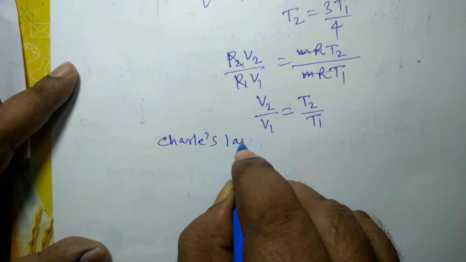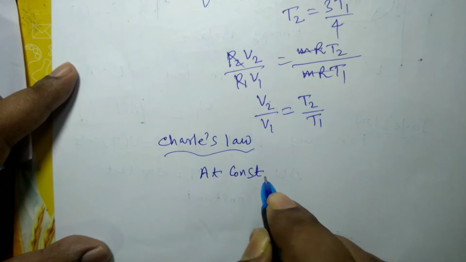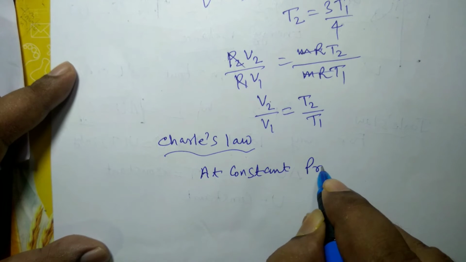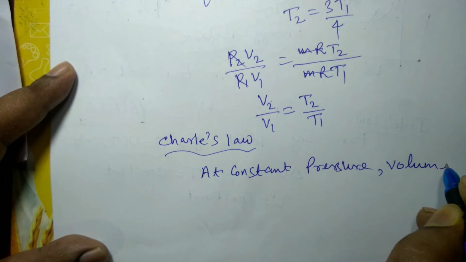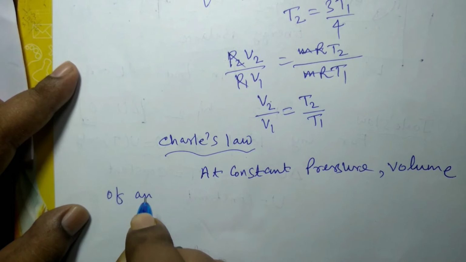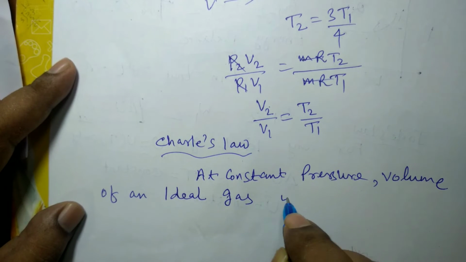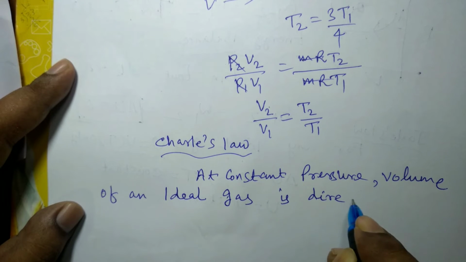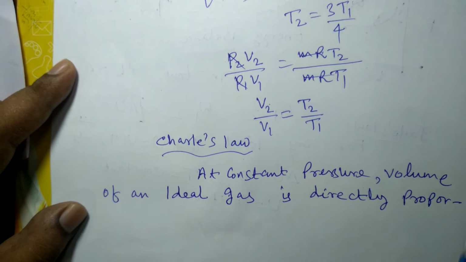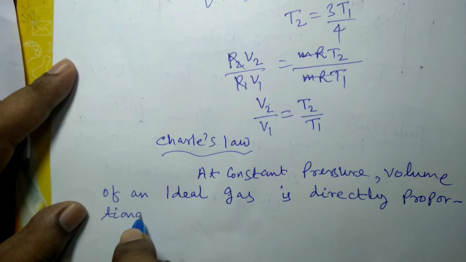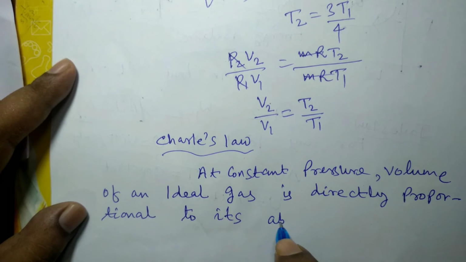also, at constant pressure, volume of an ideal gas is directly proportional to its absolute temperature.